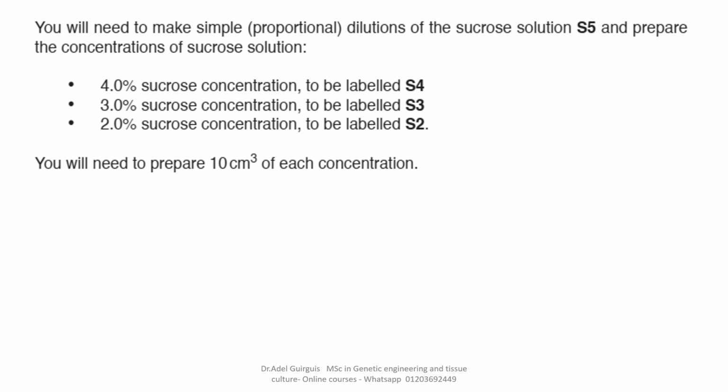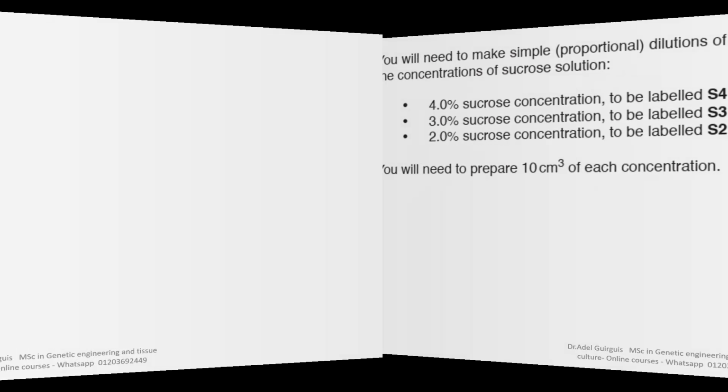Prepare 4% sucrose concentration, to be labeled S4, 3% sucrose concentration, labeled S3, and 2% sucrose concentration, labeled S2. You will need to prepare 10 cubic centimeters of each concentration. So the enough amount needed to carry out your steps in your exam is 10 cubic centimeters from each. Only 10.